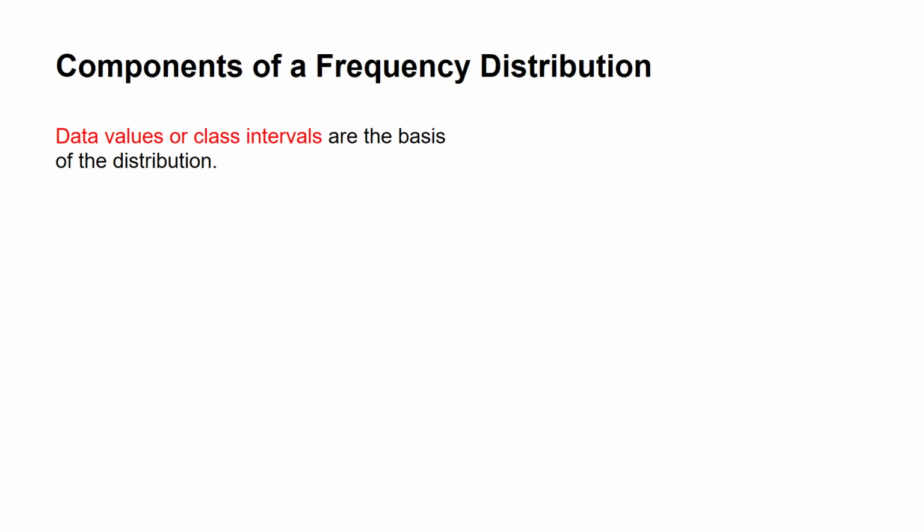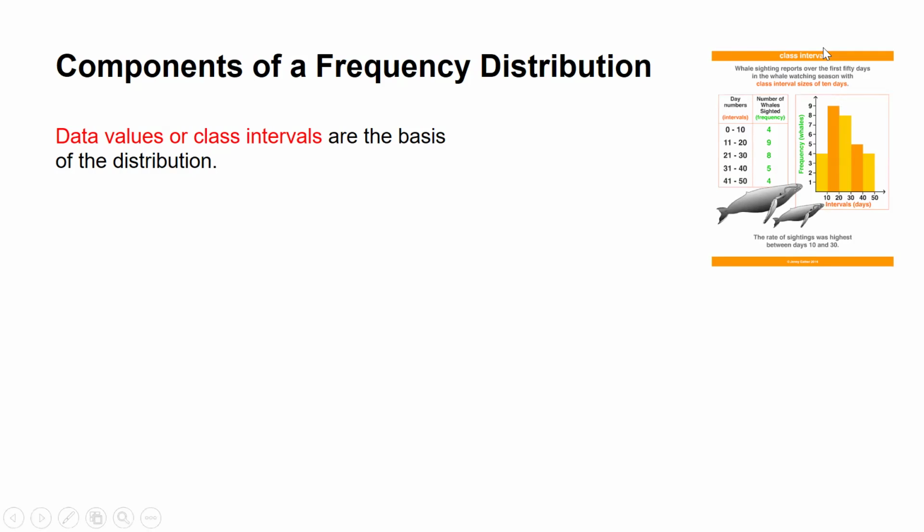You have 10 to 19. Sorry, you have 20 to 30 or 20 to 29. So you can classify those numbers using different class intervals, where maybe you want to have a number between 0 to 10.